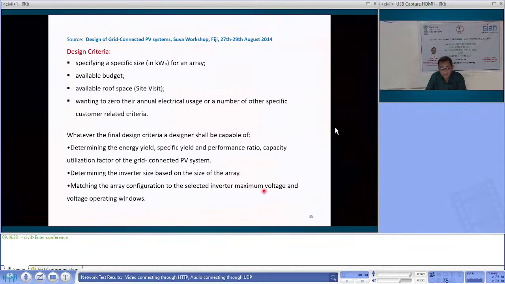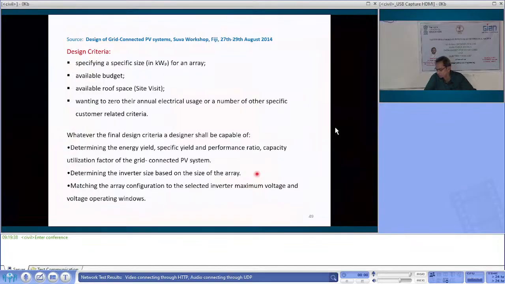Okay, then what are the final designer determining energy yield? We are going to share with you the formulas for this. Then inverter size based on the size of the array. How to decide what should be the input voltage feeding to inverter? There is some range, MPPT range. Matching the array configuration to selected inverter maximum voltage, that's what I am talking about.